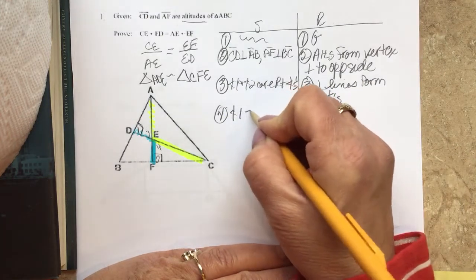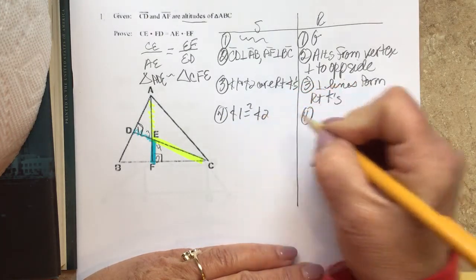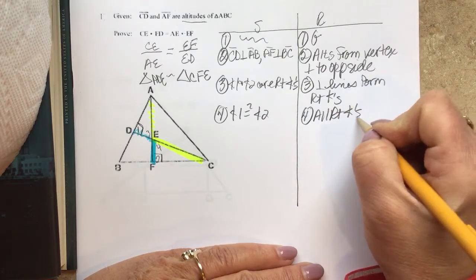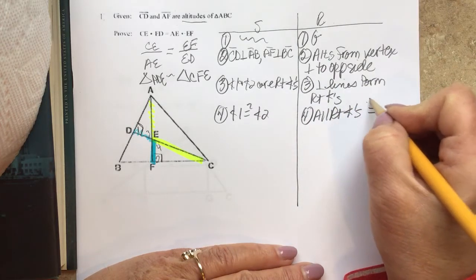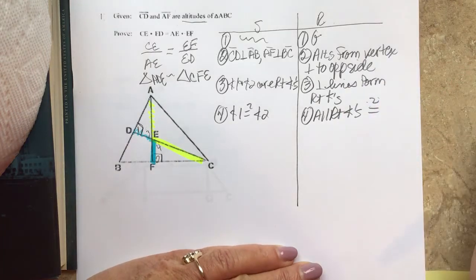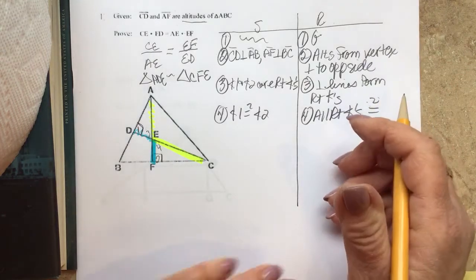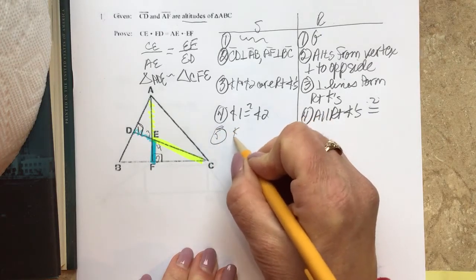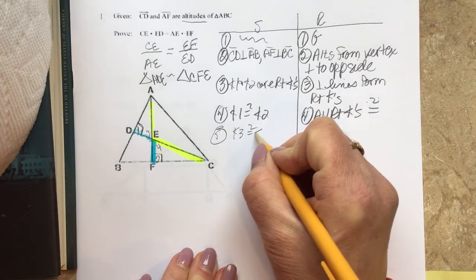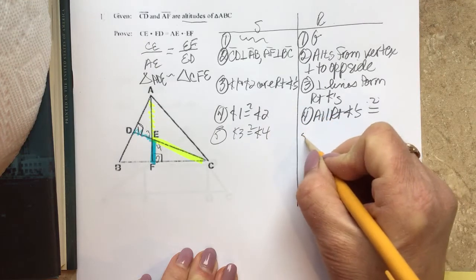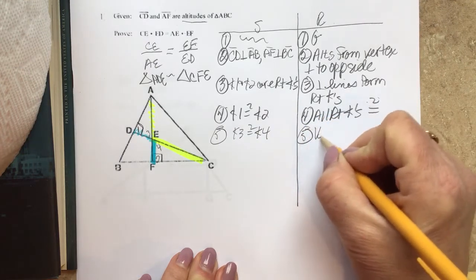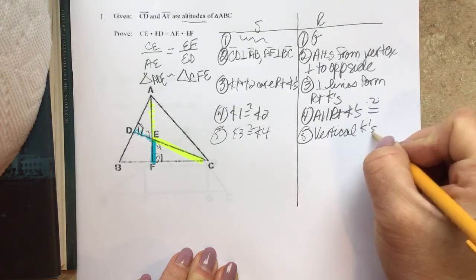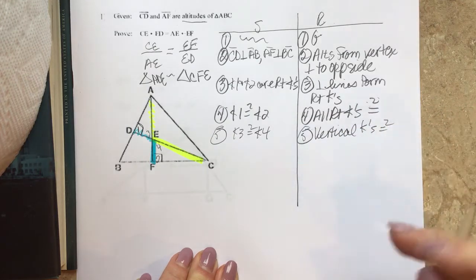Angle 1 congruent to angle 2 because all right angles are congruent. Okay. Now I'm going to get the verticals. Angle 3 congruent to angle 4, and that's because vertical angles are congruent.